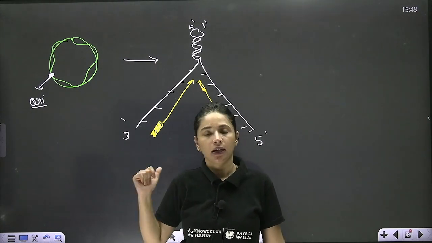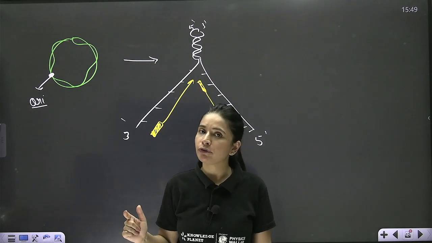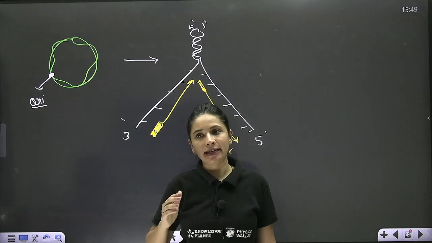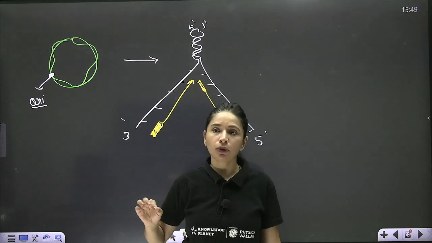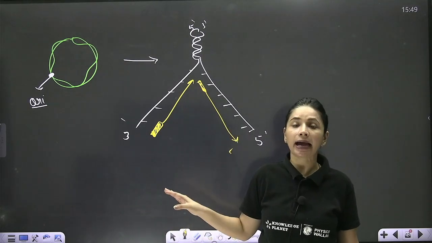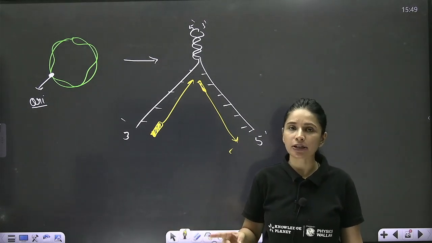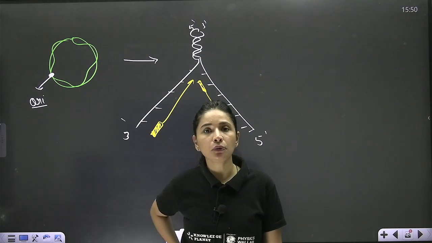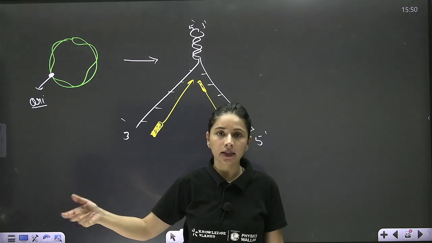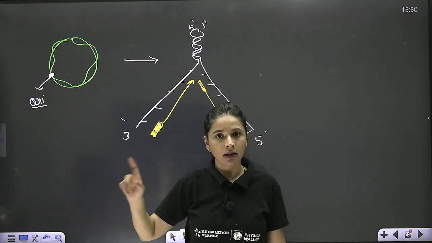First point, the most important enzyme required for this process is DNA dependent DNA polymerase. Third, in prokaryotes this whole process takes place in the cytoplasm of the cell, whereas in eukaryotes it takes place in the nucleus of the cell.